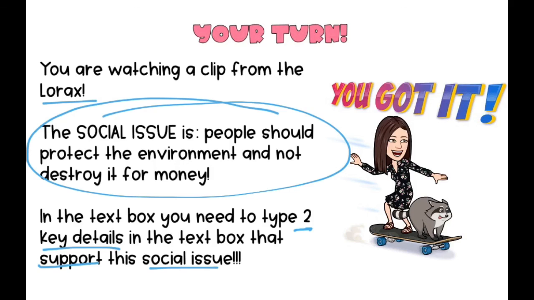There are many different ones. So just because I say there's 2 key details, somebody else could choose 2 other key details that support it. So there's no wrong answer as long as you don't say something as the trees are pretty or he looks ugly, okay? It has to support this social issue.